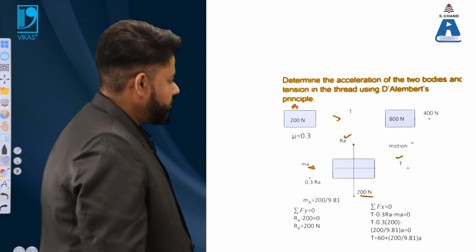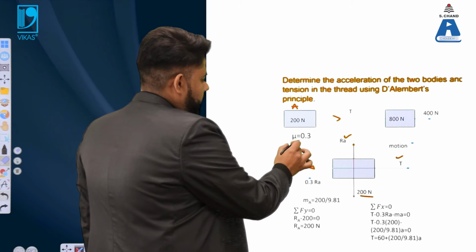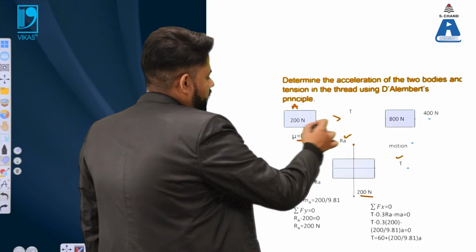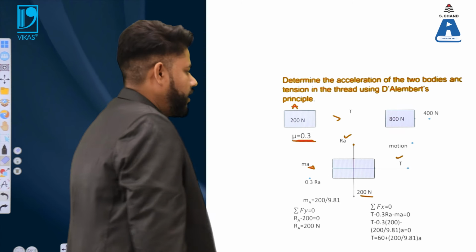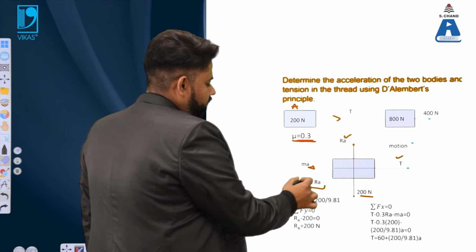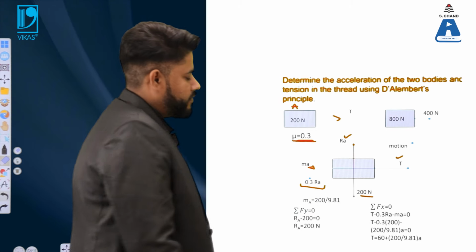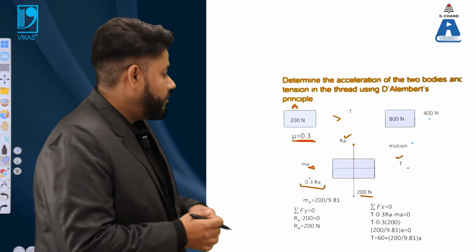So ma is to be given in the opposite direction. Additionally, the floor, which is a rough surface with coefficient of friction 0.3, is to be considered. So 0.3 multiplied by Ra would be another resistance offered by the floor.